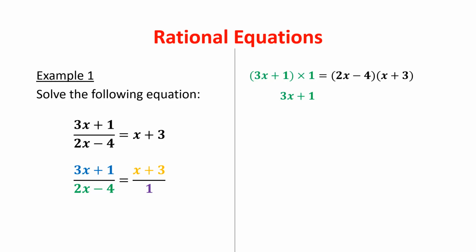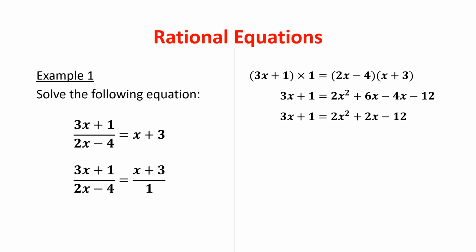We know (3x + 1) times 1 is just 3x + 1. Then we expand out the quadratic on the right and simplify this: 6x - 4x makes 2x. Now, it's a quadratic, and I've got to get it all equal to 0.